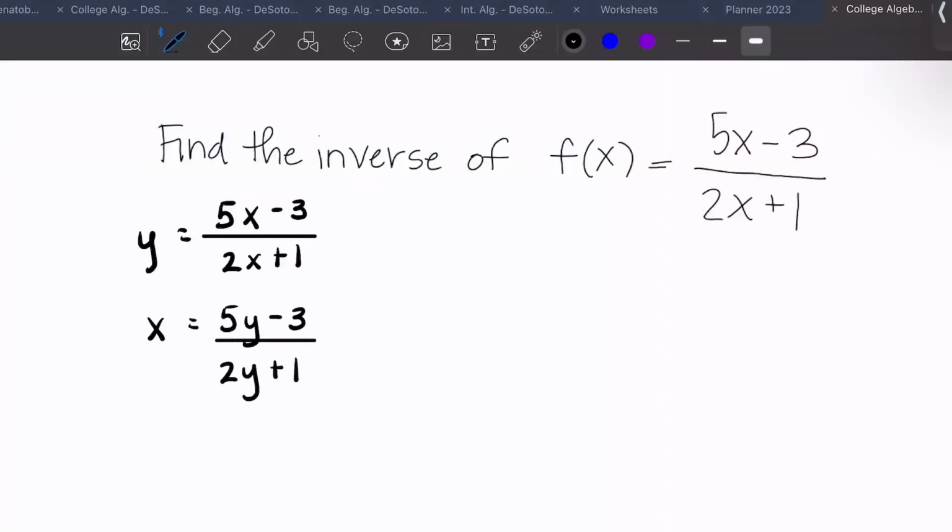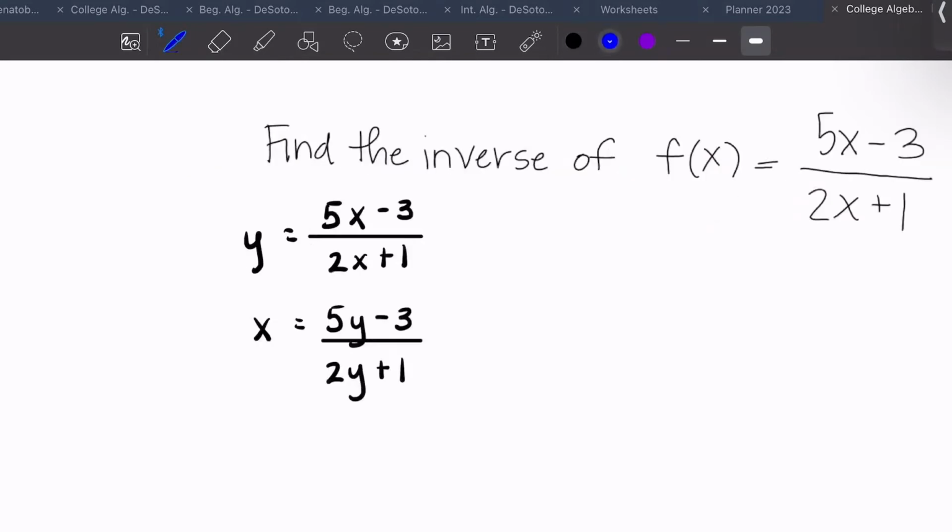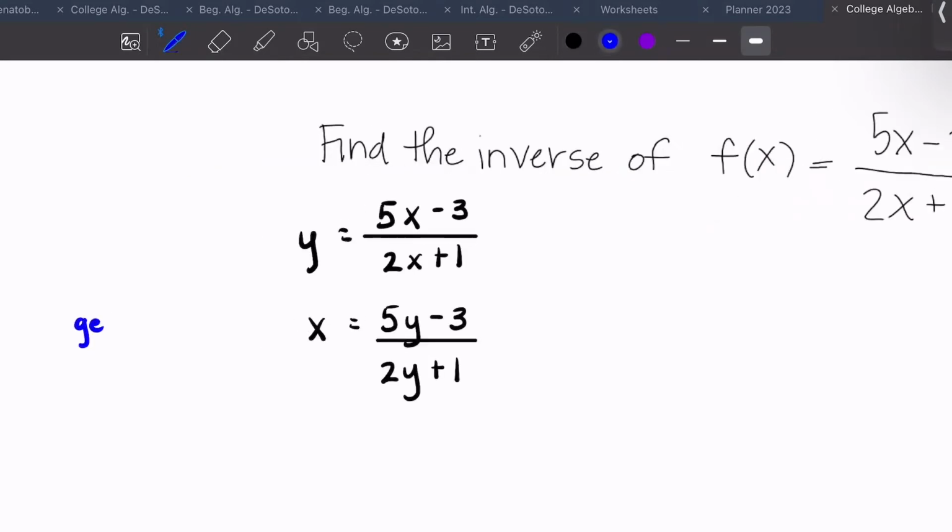Okay, so now we need to solve for y. Here's our issue. We have two y's. We have 5y up top and 2y down bottom. So we have this fraction. Your first step in these is to get rid of your fraction. You're going to do that by multiplying by 2y plus 1 on both sides.